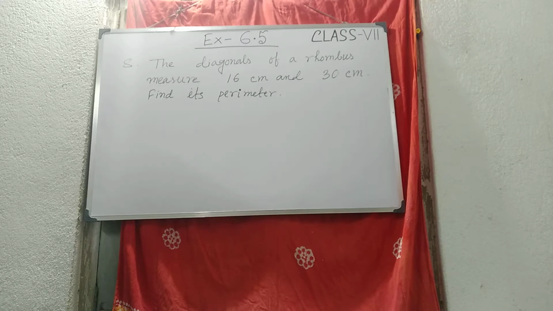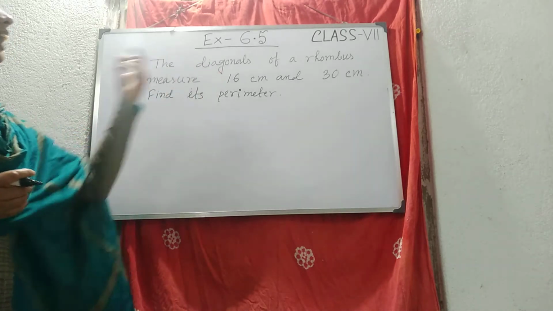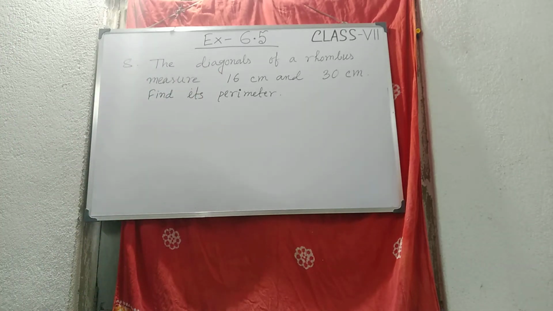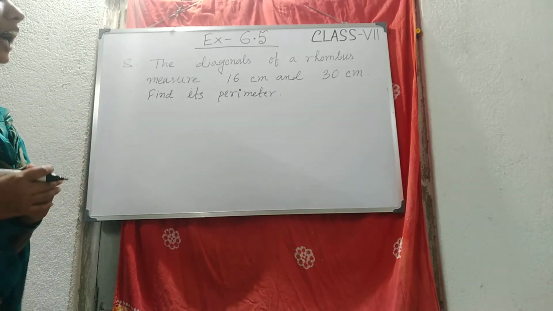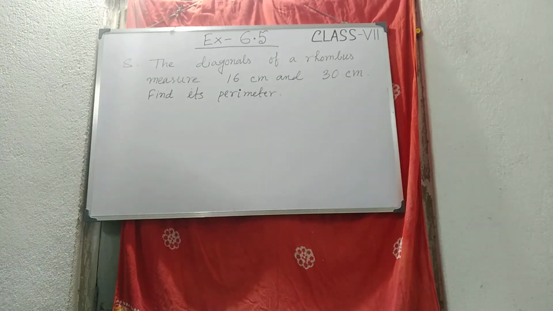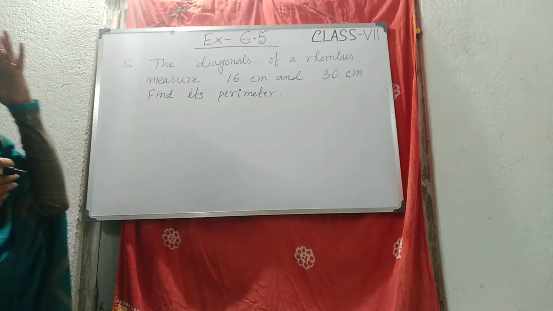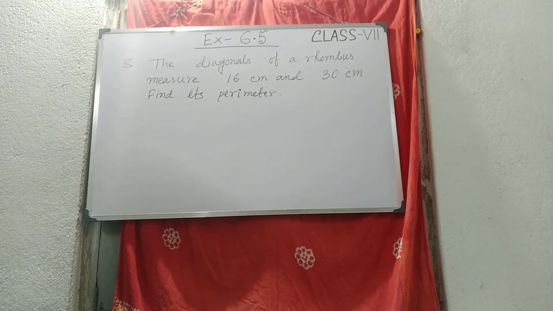But if we need area by using the diagonal values, by using the formula half into product of diagonals, we can get its area. But for finding perimeter, we must know the side of the rhombus. So how can we get the side of the rhombus when two diagonals are given? Let's see.